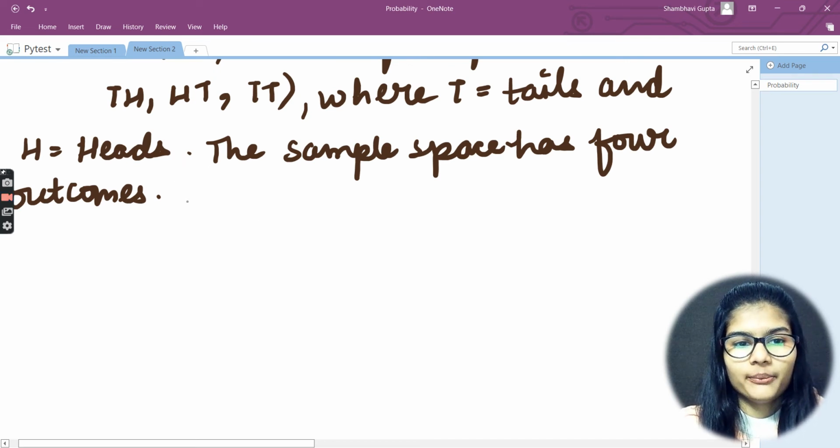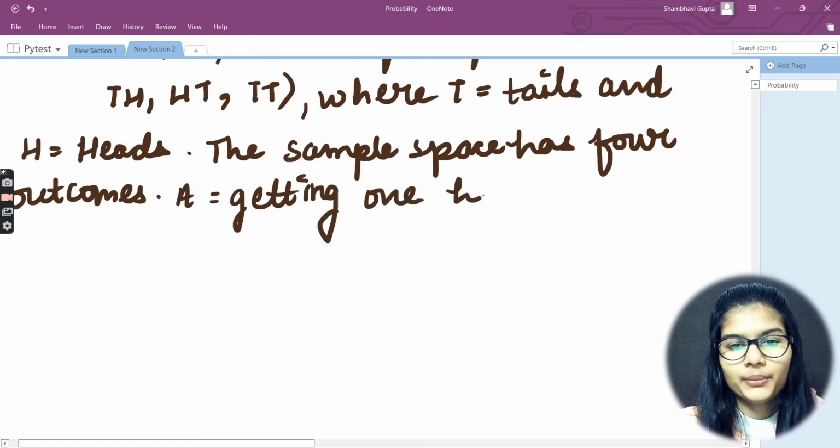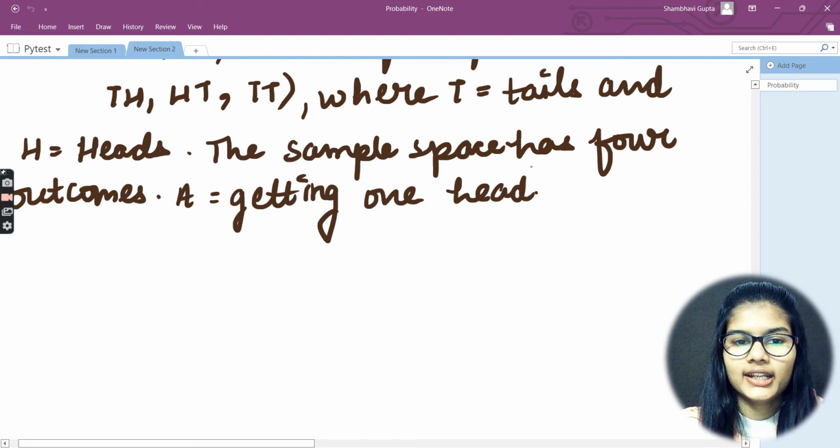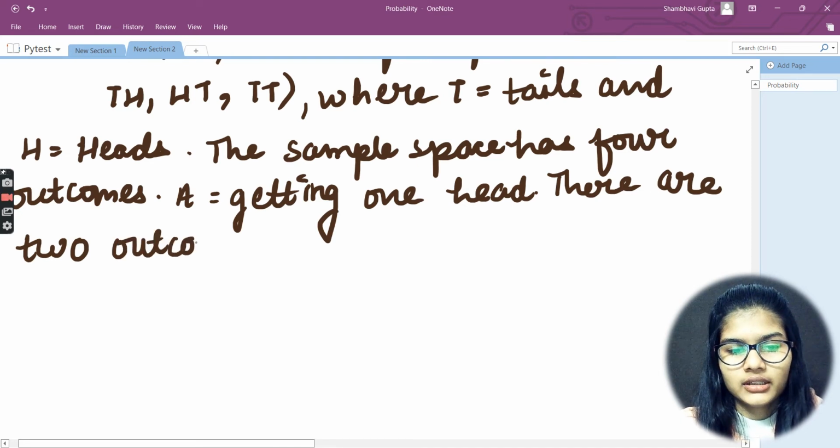Further, my event A is getting one head, and I have to compute the probability of that. There are in total 2 outcomes which have one head: the first is head tail and the second is tail head.